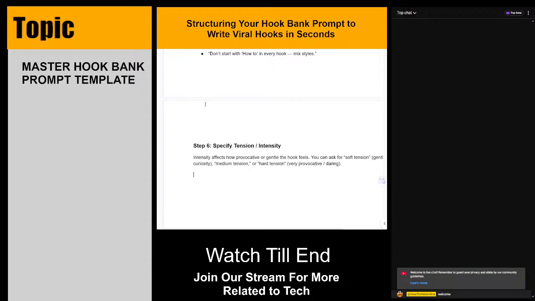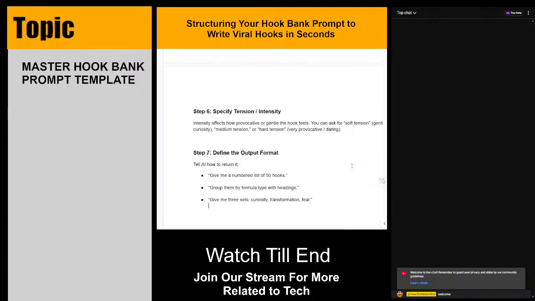Now we have the final step. It's step 7 that defines the output format. So here we have the last step, where we tell AI how to return it.